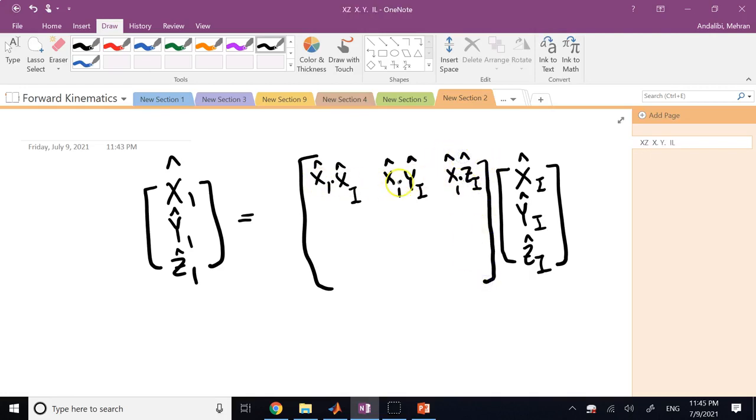These are the components of x1 along each one of those. So if you just multiply these numbers by xi, yi, zi, that will give you what? x1. And then you can do a very similar thing for y1 and z1. Correct?